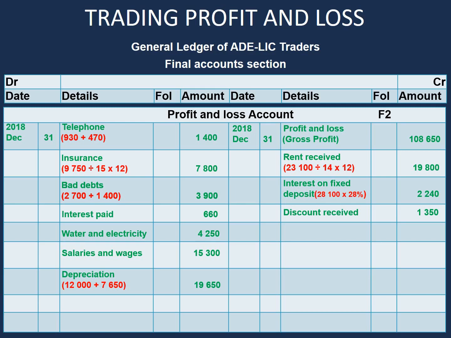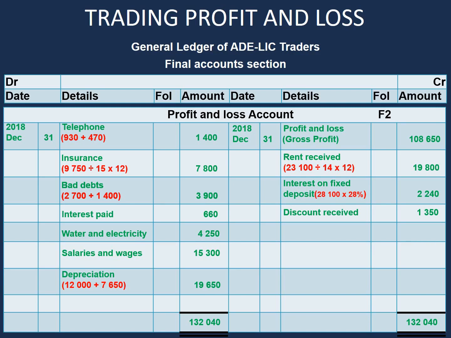Now again, we need to make a comparison between our debit side and our credit side to see which is the largest. And for this example, our credit side is the largest. So we need to add up all our amounts on the credit side, and then we will get $132,040. Then we bring that over to the debit side, $132,040.